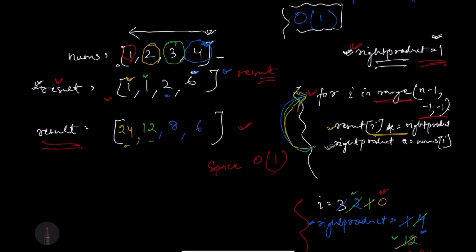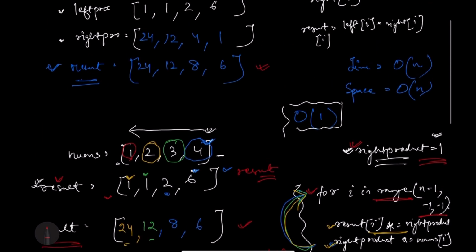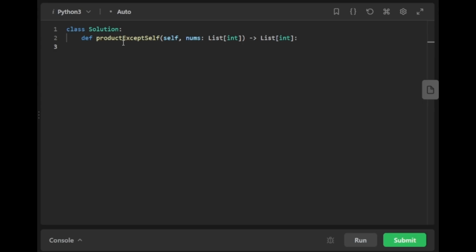Now let's go on to Leetcode and code this. First, let's find the size of our array. That would be length of nums. Then let's initialize our result array with 1.